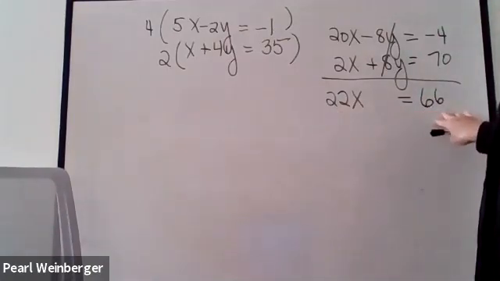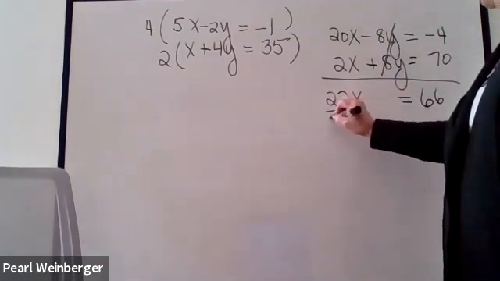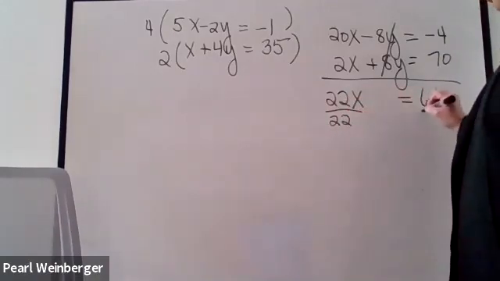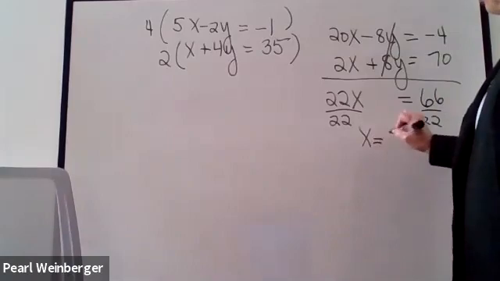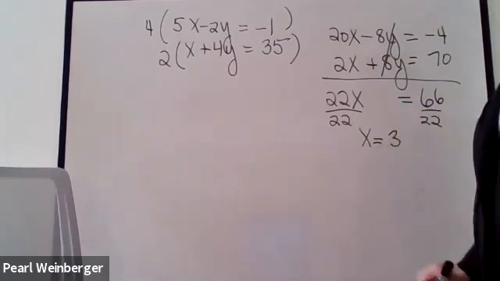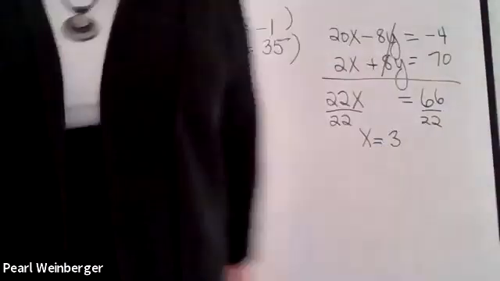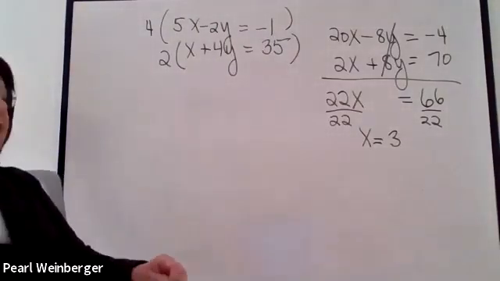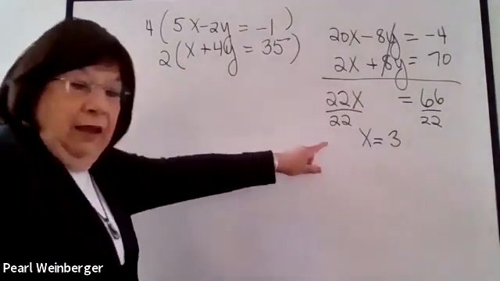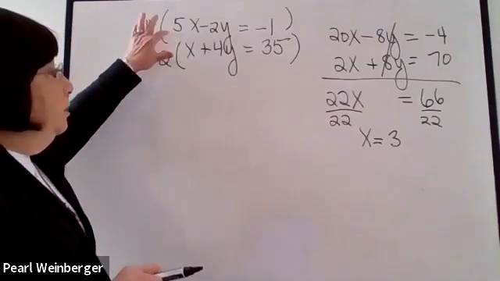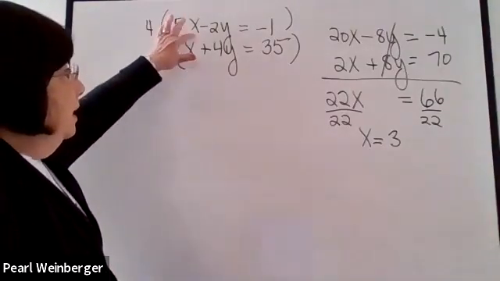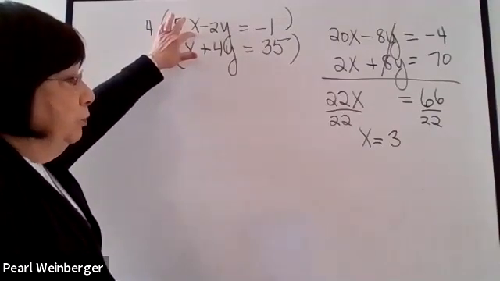And now I can solve this equation for x by dividing both sides by 22. And that gives me x equals 3. Once I have that x is equal to 3, I can then take either one of my original equations, and wherever I see an x, I'm going to put a 3.